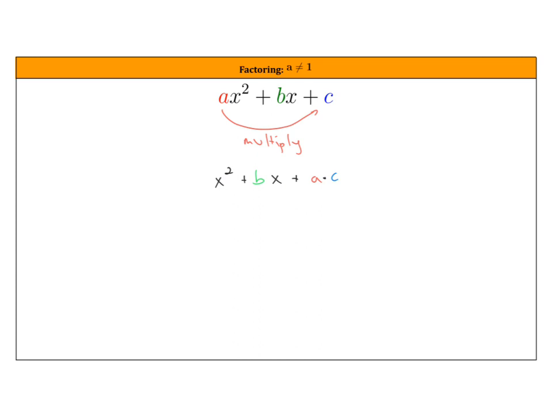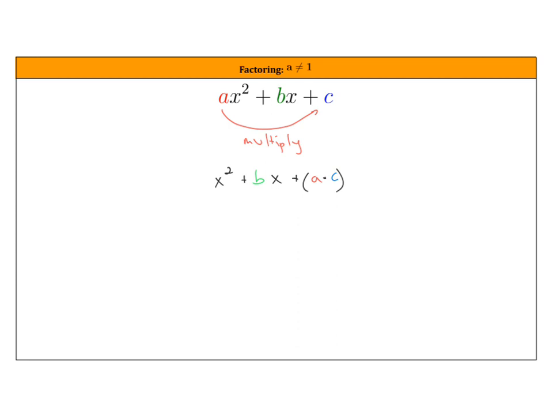Keep in mind this is technically one number. It's just I had to write it separately as 2 because I don't know what a and c are right now. But after we do that, what we've basically done is we have kind of reset our quadratic expression to have an a term of 1.